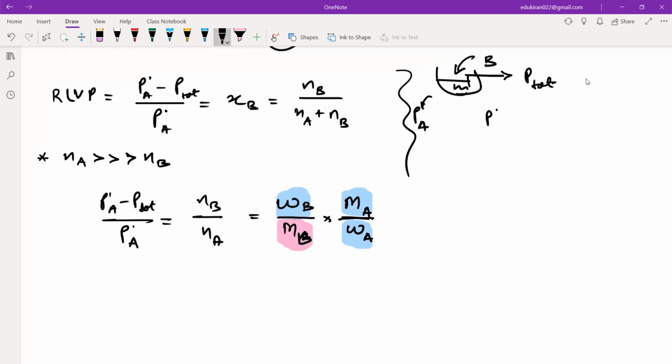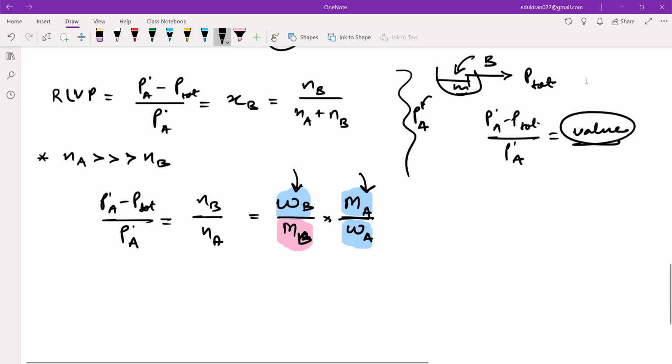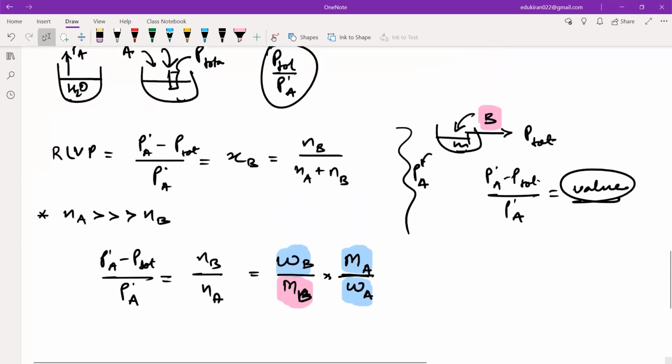We took the ratio P naught A minus P total upon P naught A. We got some value, and that value we equated with this particular thing where we have the given mass and the molar mass of the solvent, because we already know what the solvent is. But we don't know what is this B molecule, and that is why we can determine it using this formula of RLVP. Okay. Now we will do some questions. Please write this down.